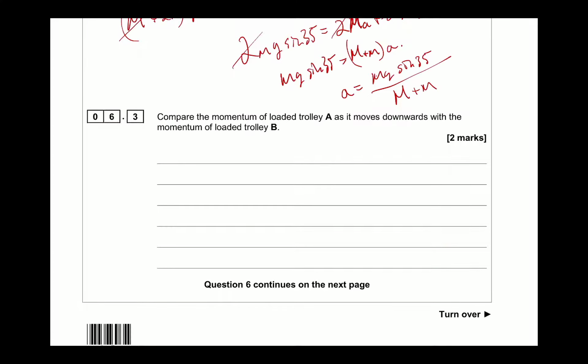Okay, so we have to compare the momentum. Because they're accelerating at the same rate, that means they'll always have the same velocity, which makes sense. They're going to be at the same speed at any particular time t, but in the opposite direction.